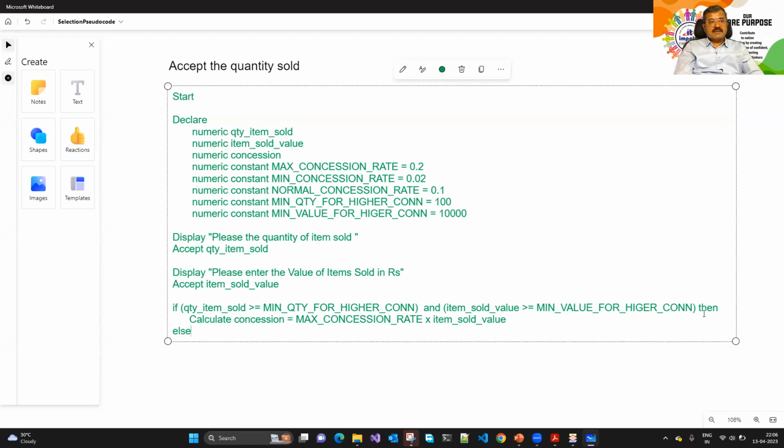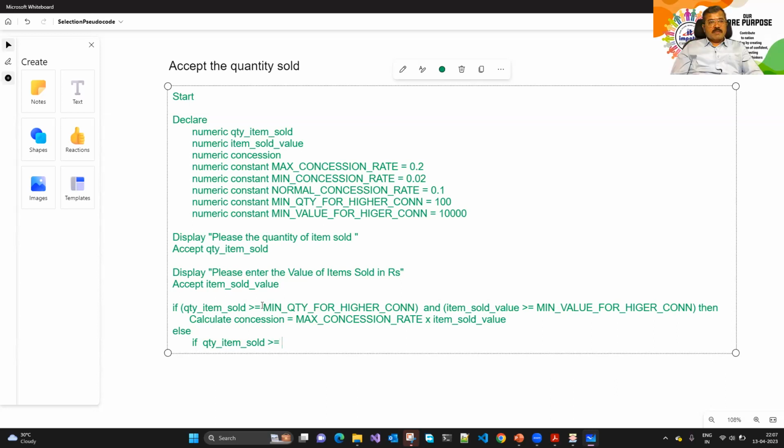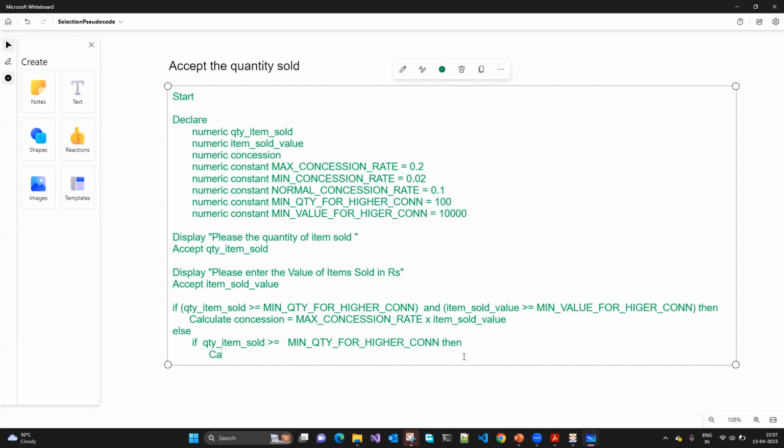And else, tell me. Quantity item sold, if the quantity item sold is greater than or equal to 100, minimum quantity for higher discount, higher concession discount whatever it is, then item sold value less than the minimum value for higher concession is required.